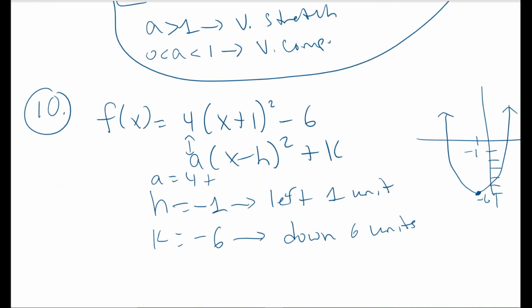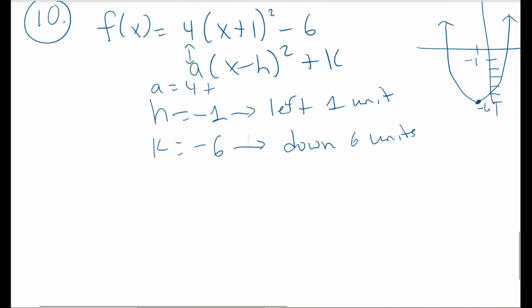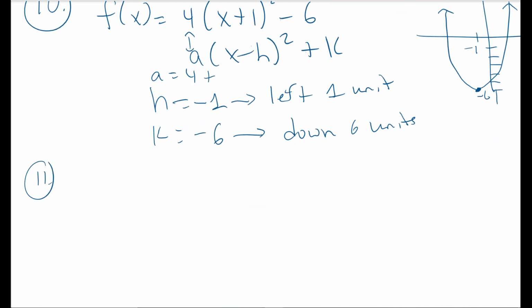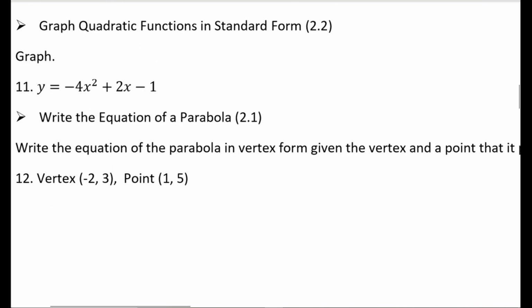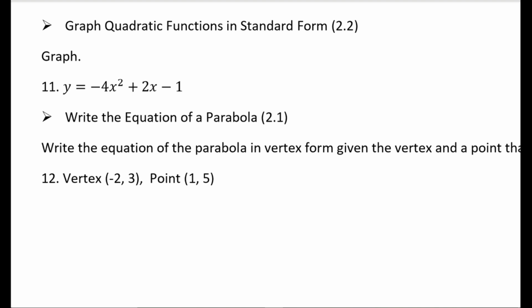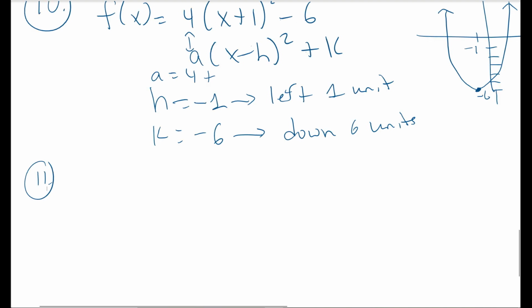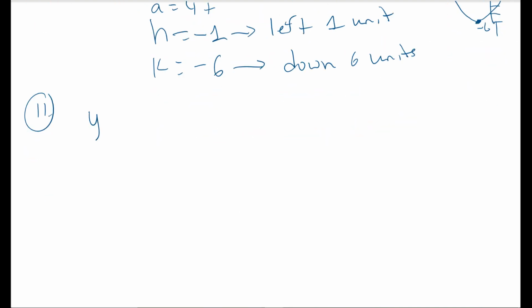All right. So number 11. All right, number 11 wants you to graph, again, another parabola, another quadratic function, but it's in standard form. So we'll need to practice doing that. All right, so let's write our parabola, our quadratic function.